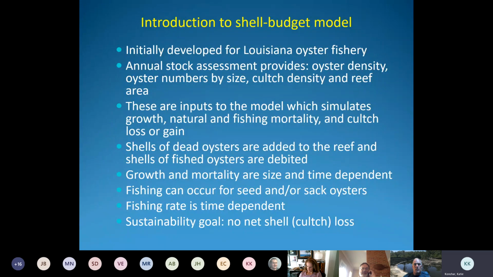Fishing can occur for seed oysters and/or sack oysters, and fishing rate is time dependent. The user inputs the expected scenario for fishing, which I will show you. And the sustainability criterion is the no net loss of culch. Next slide.